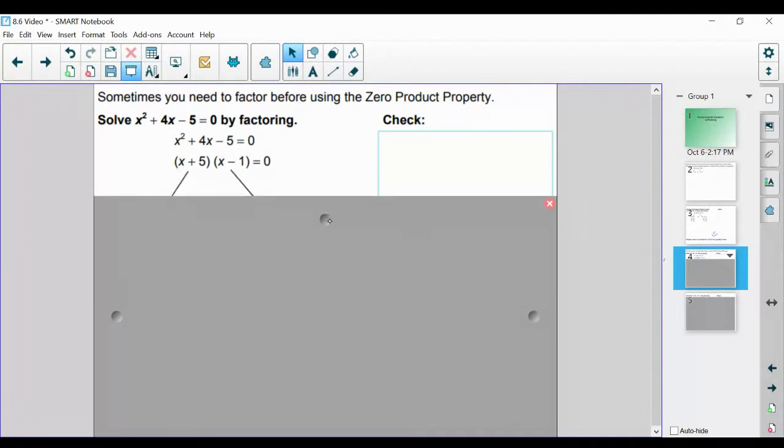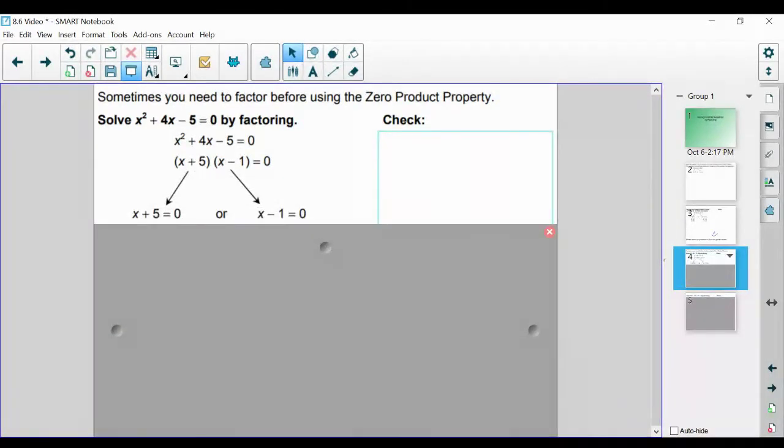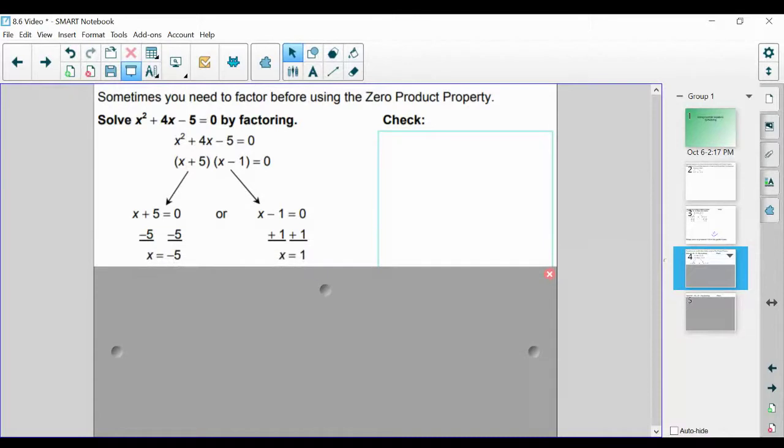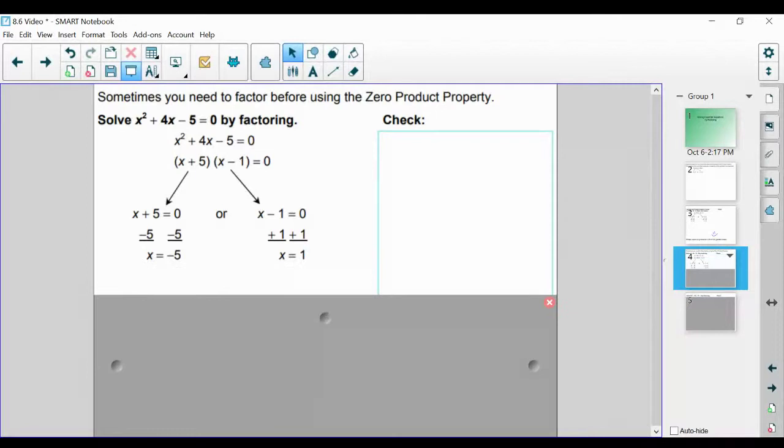So we're going to break it apart into two equations. x plus 5 is equal to 0, or x minus 1 is equal to 0. As we solve for x separately, we're going to find that x is equal to negative 5, or that x is equal to 1. Now let's just double check and make sure that when we substitute those values in, we get a true statement.